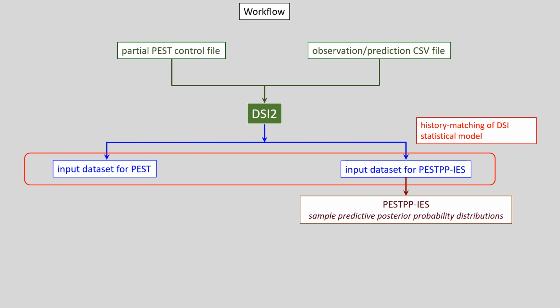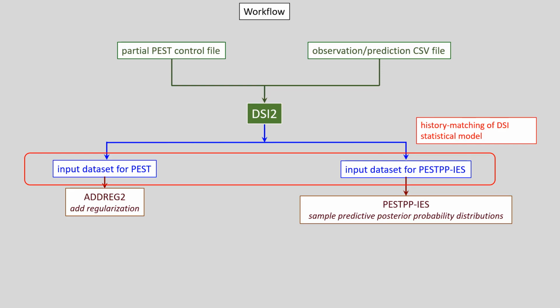So as I said, one of them is for the use of PEST PPIES that allows us to directly sample the posterior probability distributions of predictions of interest, or we can use PEST to calibrate the DSI statistical model.